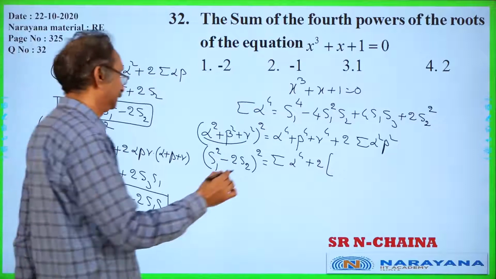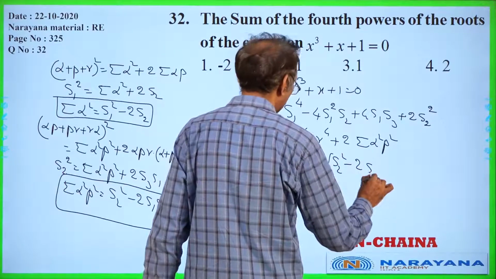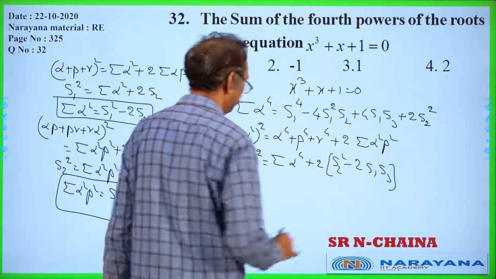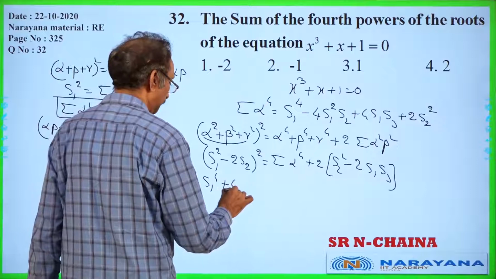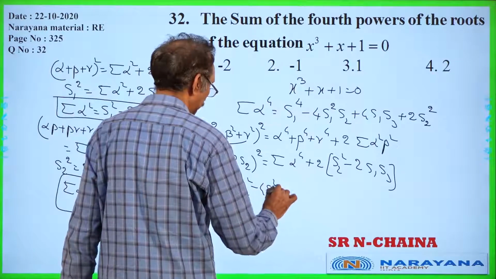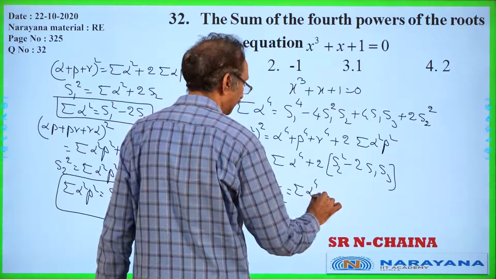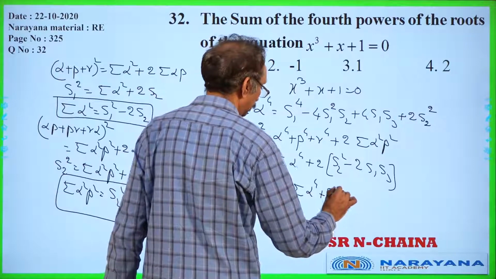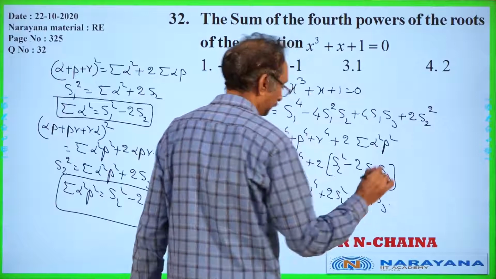Okay, so use here S2 square minus 2 S1 S3, and expand this: S1 power 4 plus 4 S2 square minus 4 S1 square S2 is equal to sigma alpha power 4 plus 2 S2 square minus 4 S1 S3.